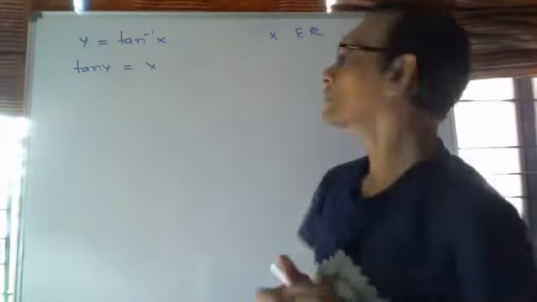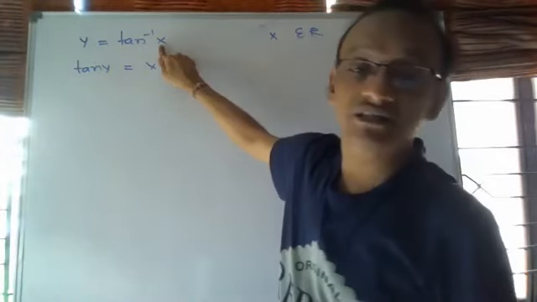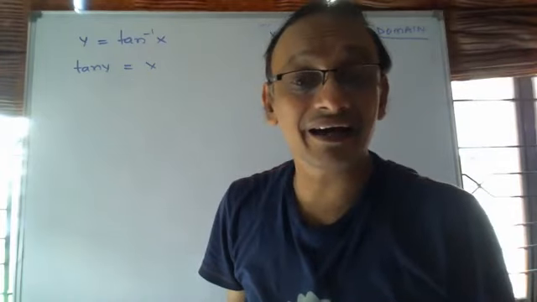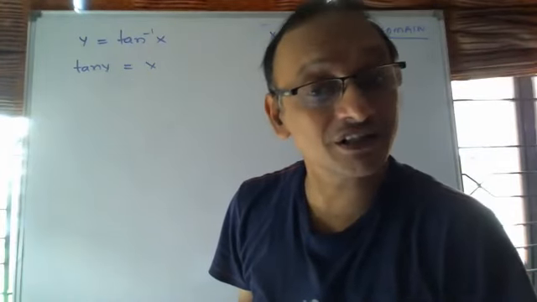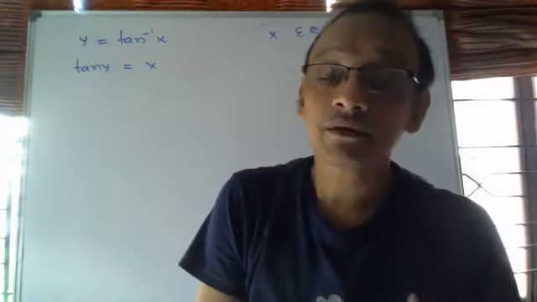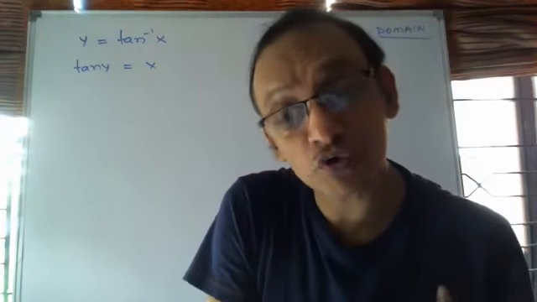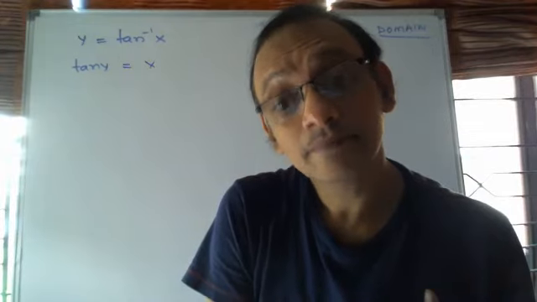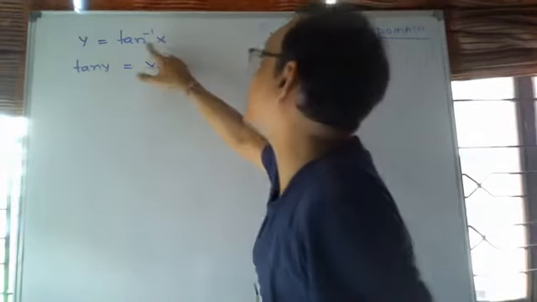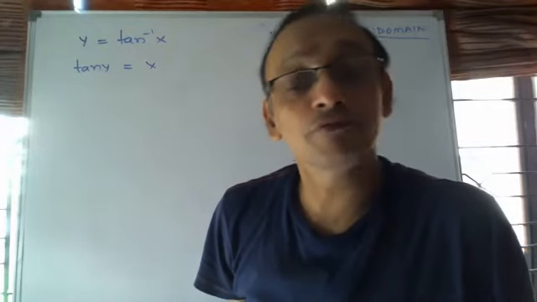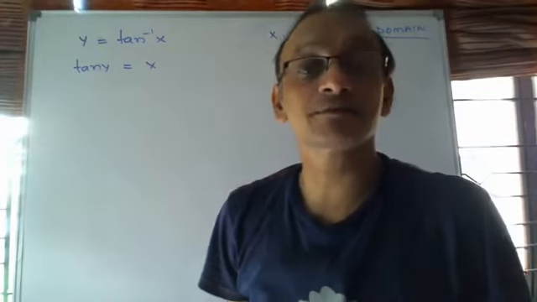But tan inverse 1 can give an output in the first quadrant, and tan theta can become 1 also in the third quadrant. There are many values of tan inverse 1. So here also I need to clip tan inverse x.